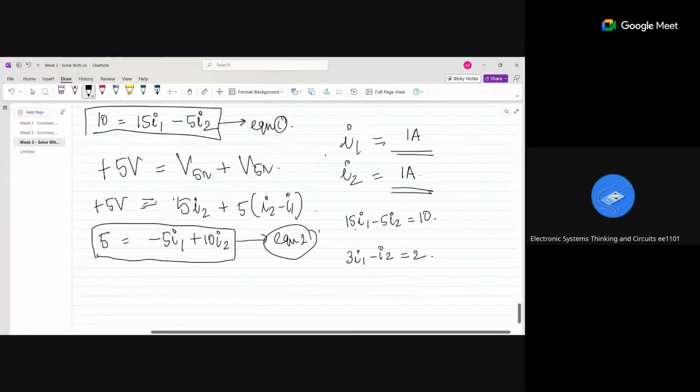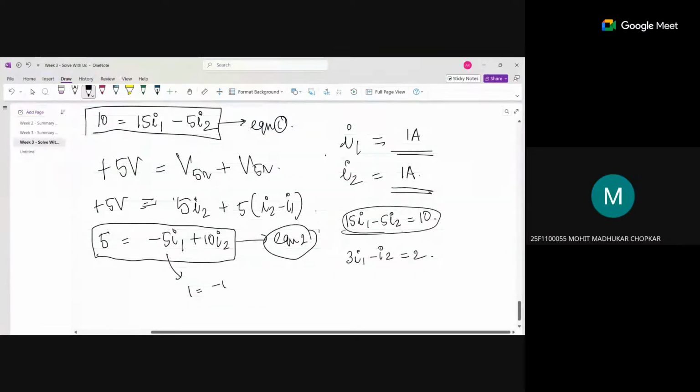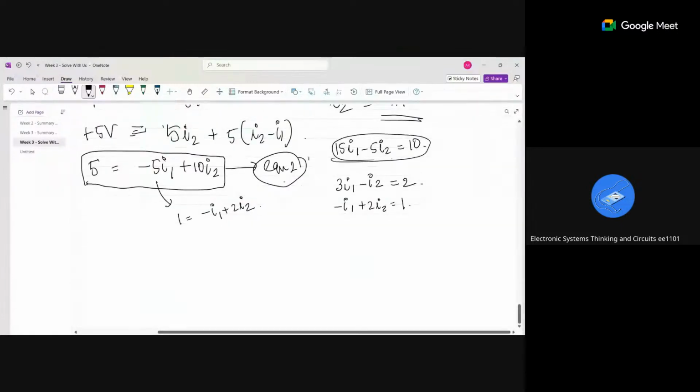This is my first equation simplified. This one I can also divide by 5: minus I1 plus 2 I2 equal to 1. So I have these two equations which I have to solve.